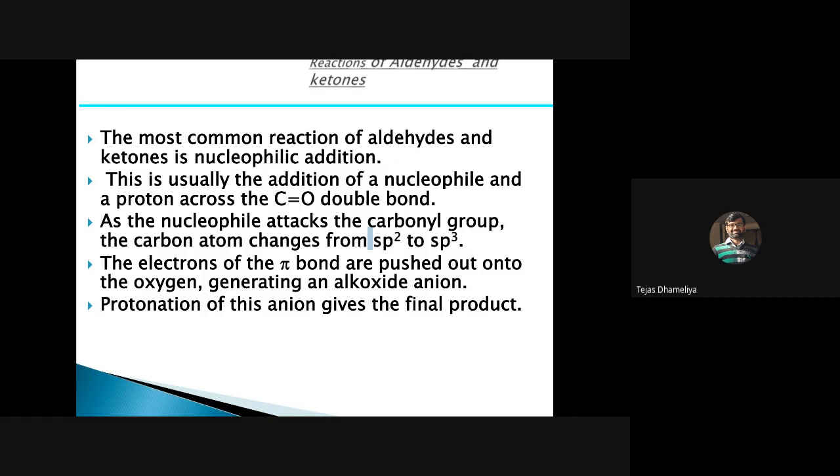It is totally sp3. And thus, whatever electrons are there, they are pushed out onto oxygen and it will form O minus, that is called alkoxide anion. And protonation of this anion gives the final product.